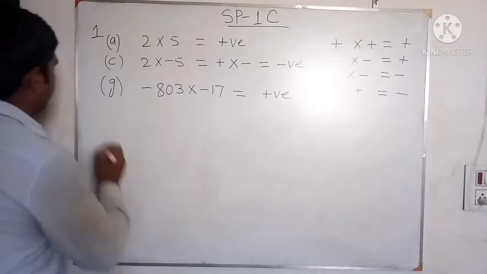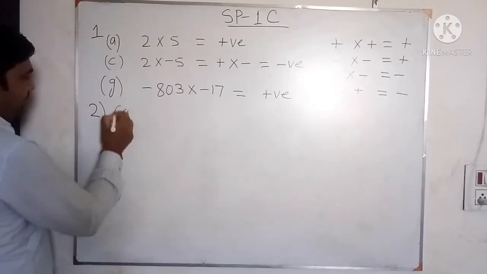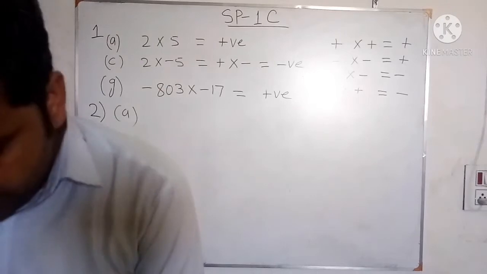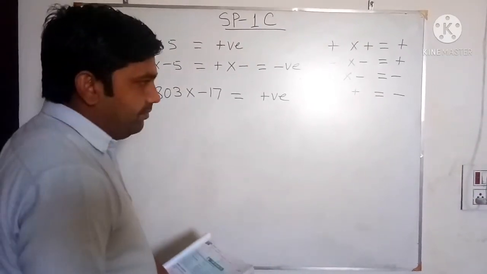Now we see the question number 2. In question number 2a, we have to find the product. 8 multiply 5.